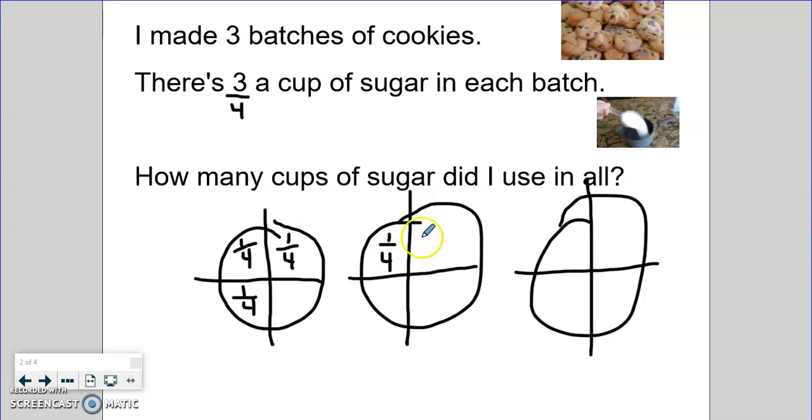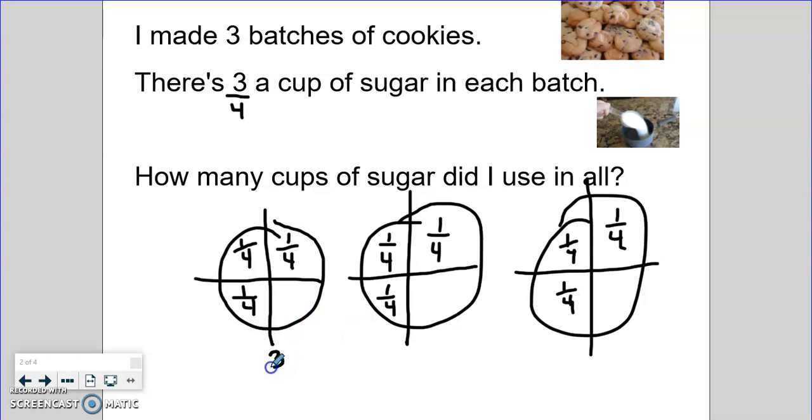So 1/4, 1/4, 1/4, and 1/4, 1/4, and 1/4. Remember, multiplication is just repeated addition.